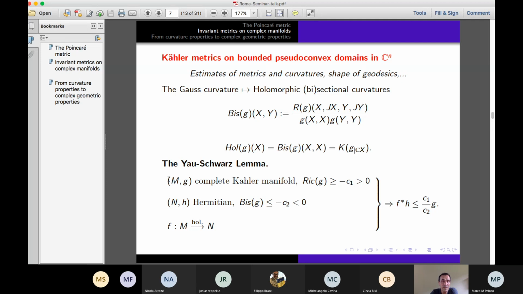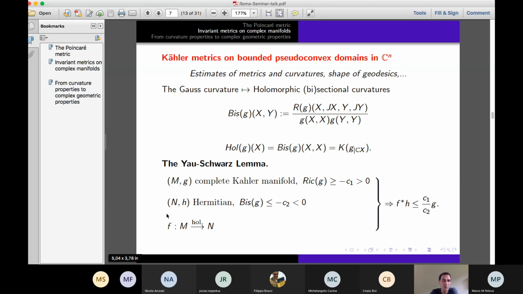Since M is the unit disk, the curvature is constant for the Poincaré metric, so you can apply such an inequality. But now imagine N with H is the unit disk with the Poincaré metric.